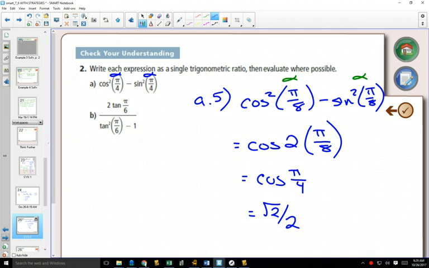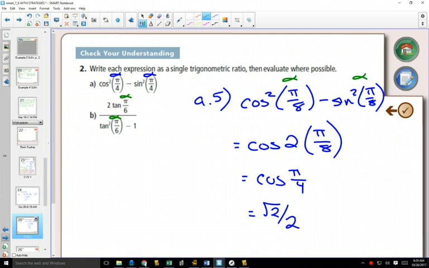So in this case, if this is alpha and this is alpha, does it match up perfectly? No, it doesn't. Can you see that it doesn't quite match up perfectly? The top matches up, 2 tan alpha.